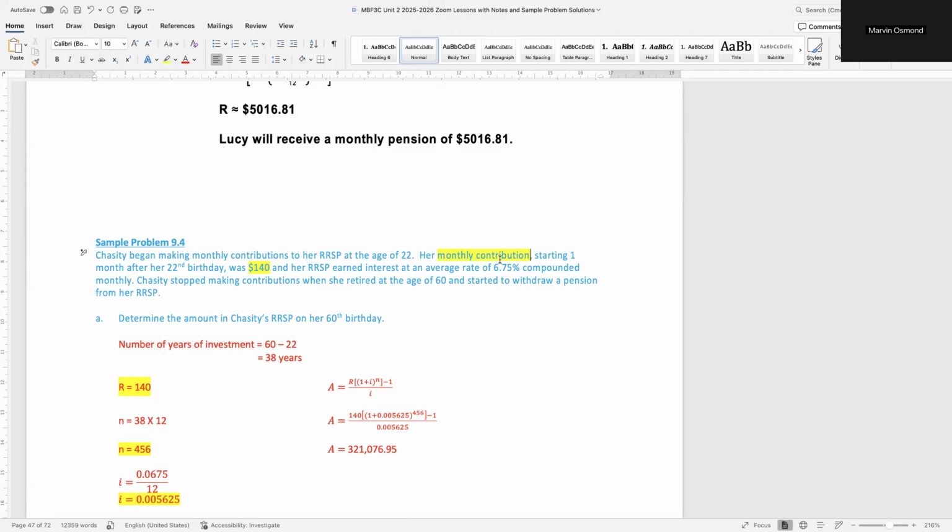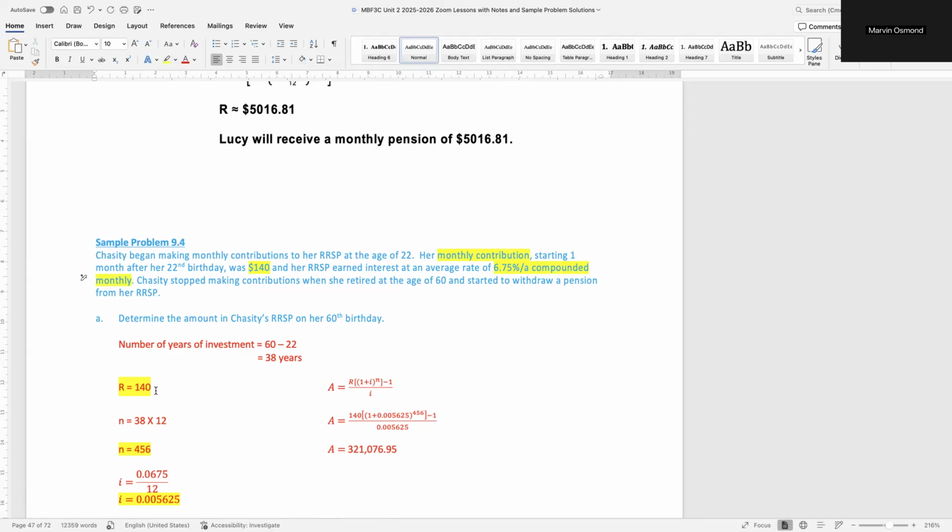Monthly contributions, $140 per month, at 6.75% per year compounded monthly. So that is the information that we're given.